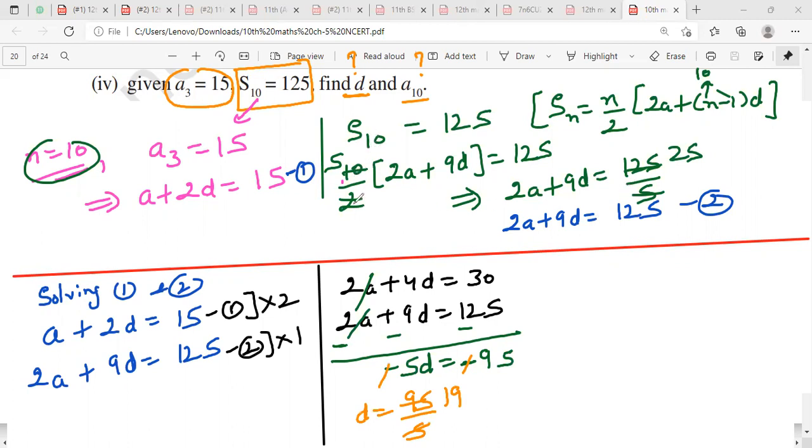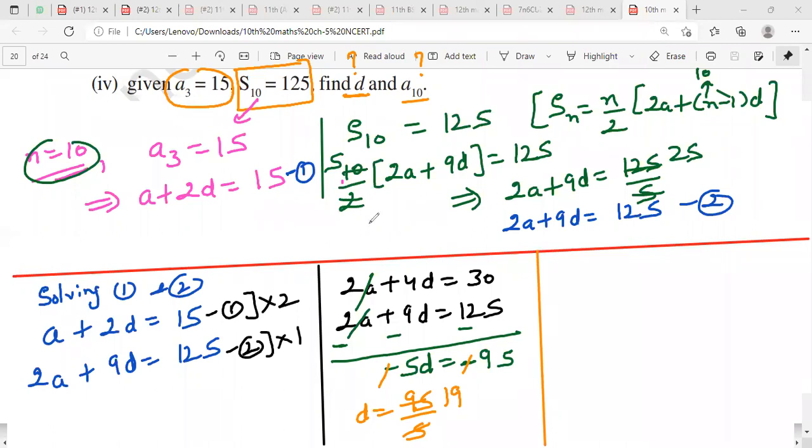I am repeating: the sum of 10 terms is n by 2 into 2a plus n minus 1 into d, and 10 minus 1 is 9d. So 2a plus 9d equals 125, and the first equation is a plus 2d equal to 15, so multiplied by 2, that is 2a plus 4d equal to 30. The 2a and 2a will be cancelled out. Minus 9d plus 4d, that is minus 5d.